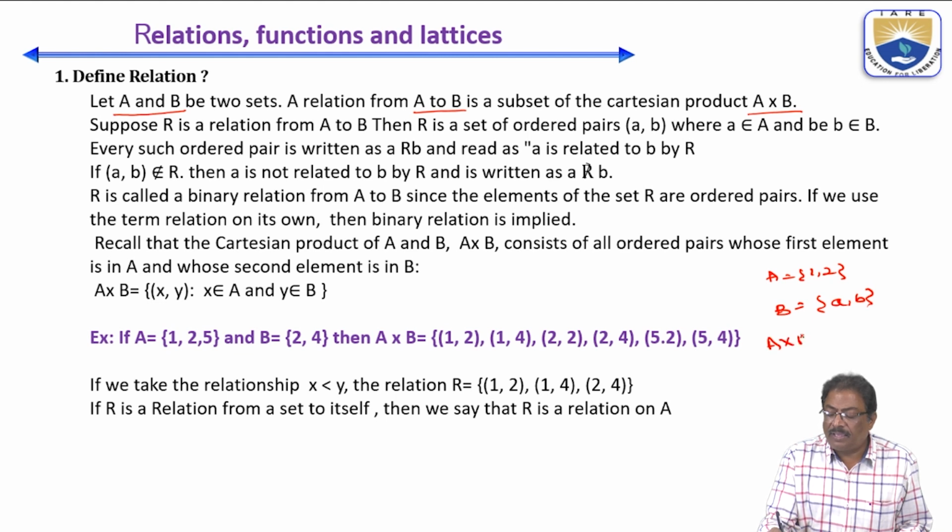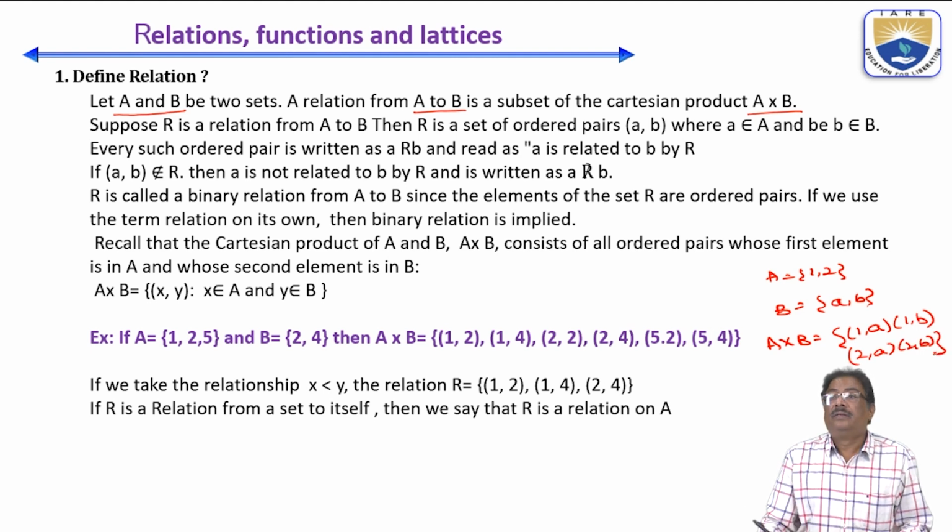Then A cross B gives the Cartesian product of these two. The ordered pairs are (1, a), (1, b), (2, a), (2, b). So this is the Cartesian product A cross B.